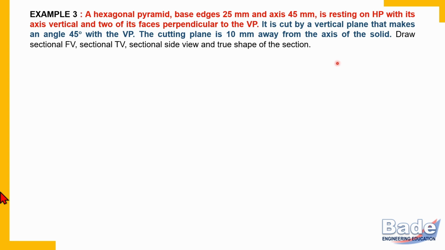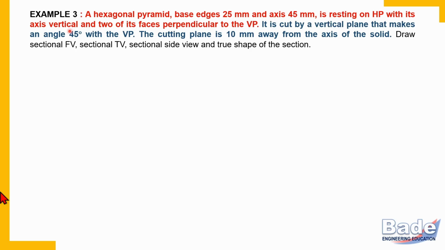First important step, position of object. Now it is hexagonal pyramid. Base edge is 25 and axis 45. We should start with true shape of base. Take first decision where true shape of base is, in HP or in VP. So its axis is vertical.